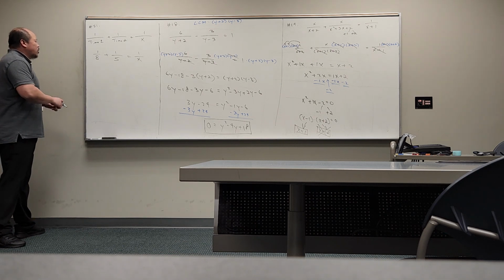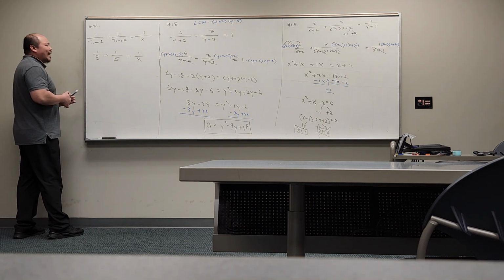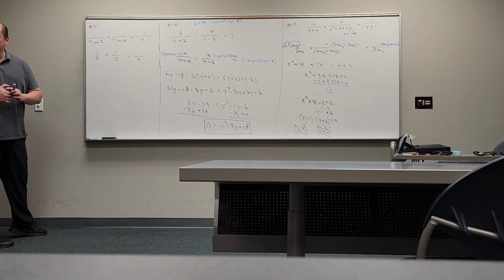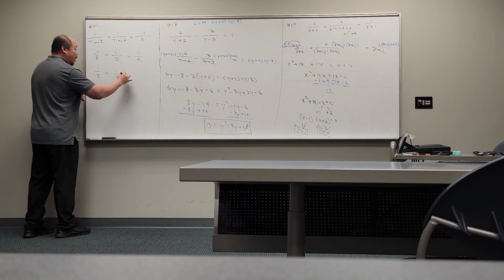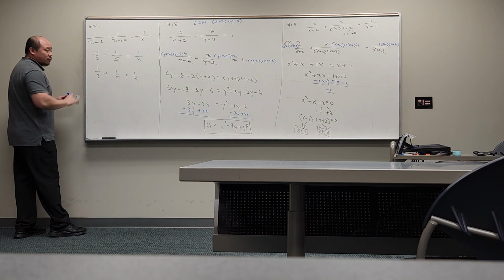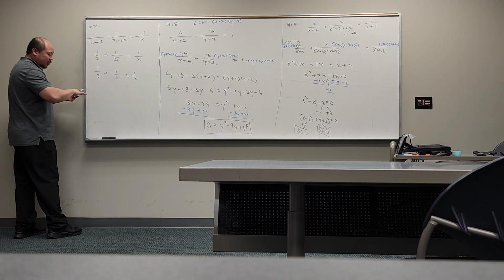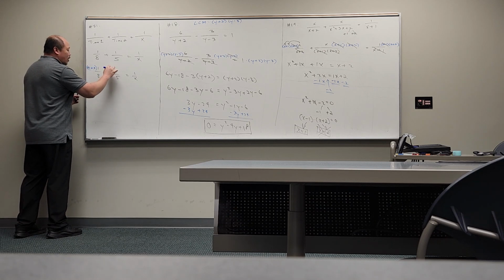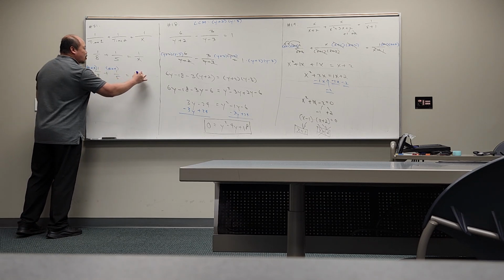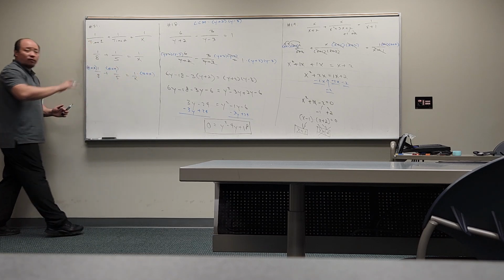When you work it out, here's what happens. I want a common denominator. What's a common denominator? Well, you have 8, you have 5, and you have x. 5 times 8 is 40, 40 times x is 40x. So multiply, everybody gets a 40x.